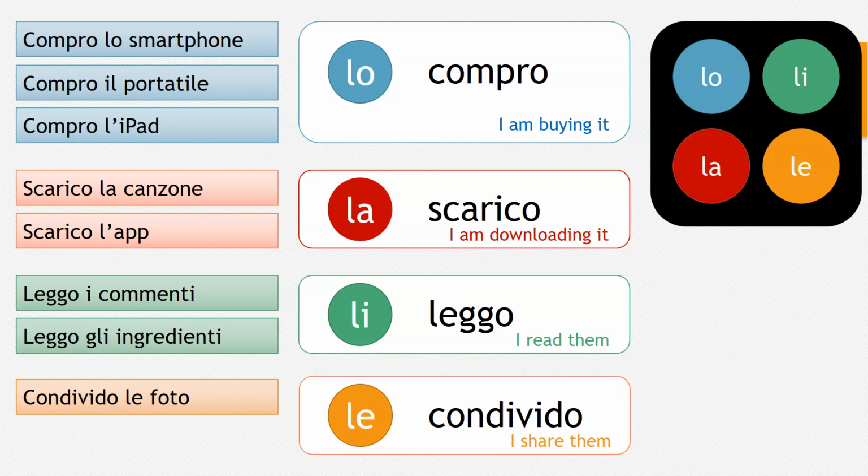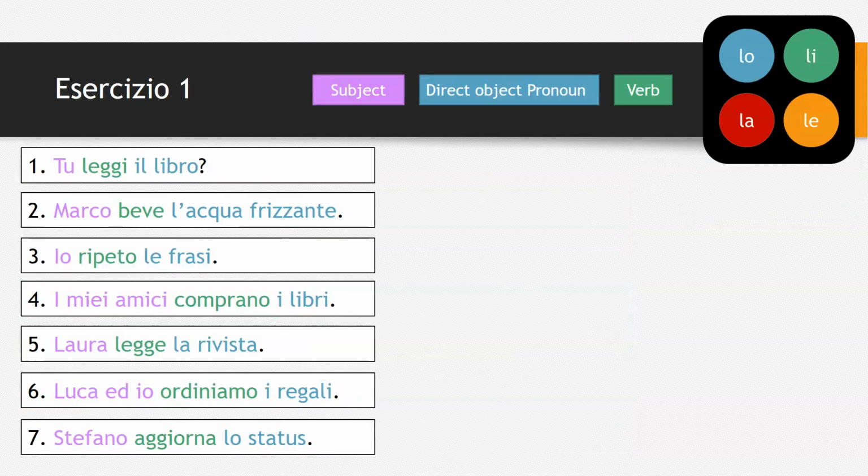Okay, here's a bit of an exercise for you to give this a try. So you can see that the sentences are color-coded. Subject in purple, verb in green, and the direct object in blue. At the top, I've given you a bit of a clue as to the word order. Subject, direct object, pronoun, verb.